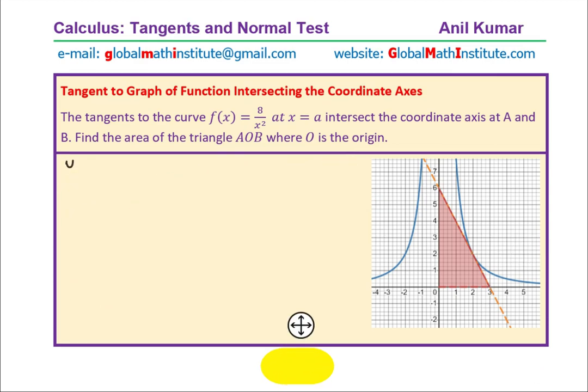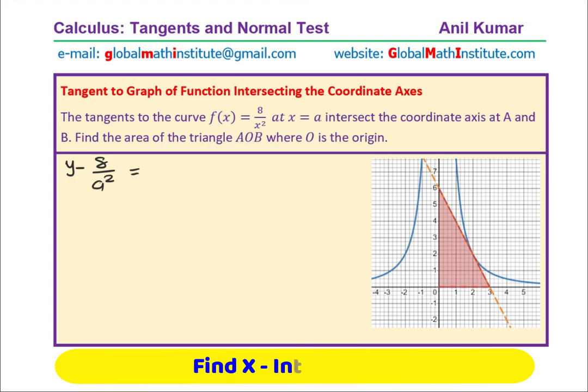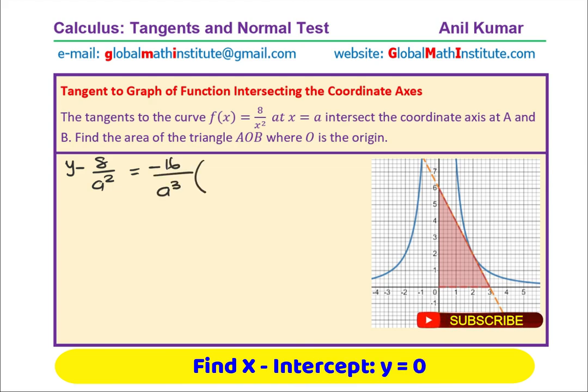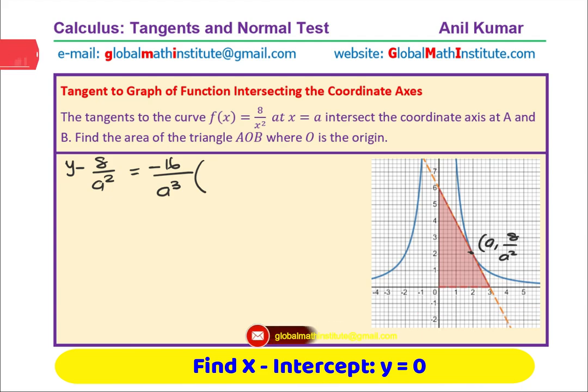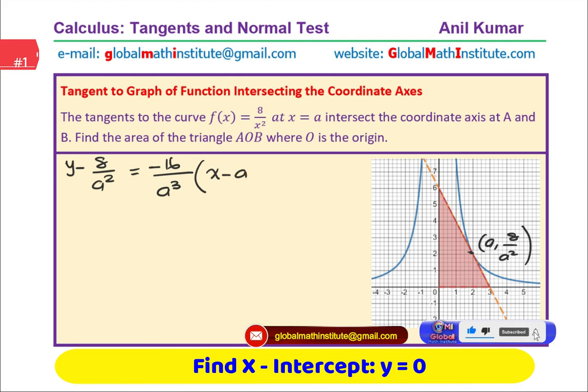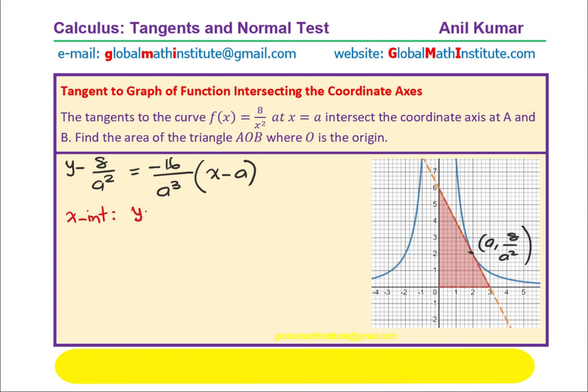We have y minus y1, which is 8 over a squared, equals the gradient, the slope at this particular point, minus 16 over a cubed, times x minus a, the x value being a. So let's begin with the x-intercept. X-intercept means y equals 0, so I'm going to equate y as 0 here.